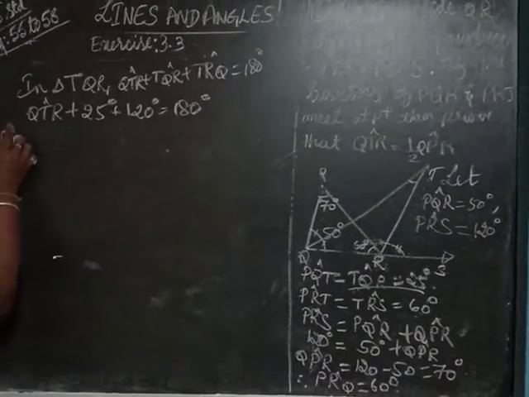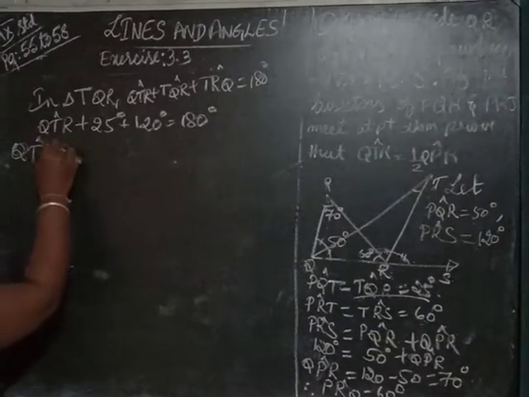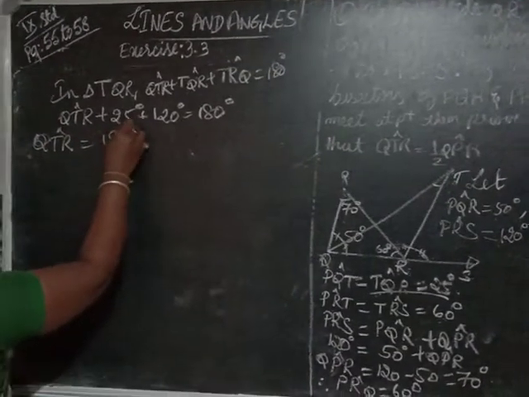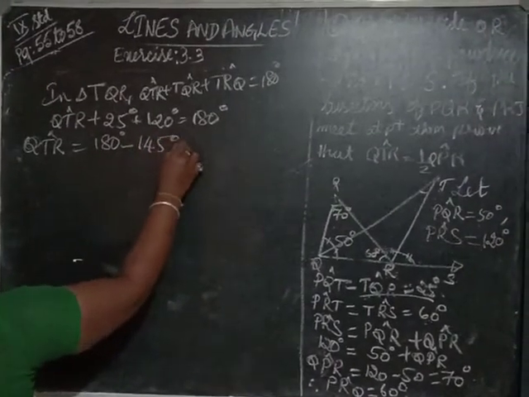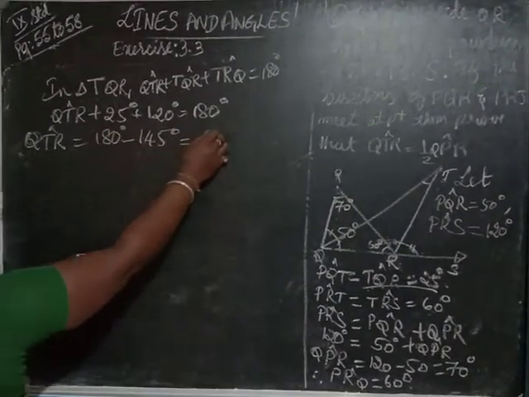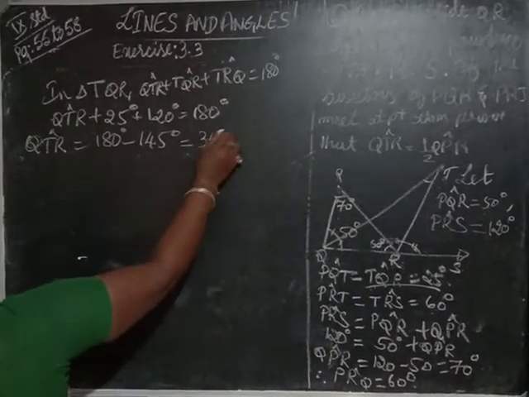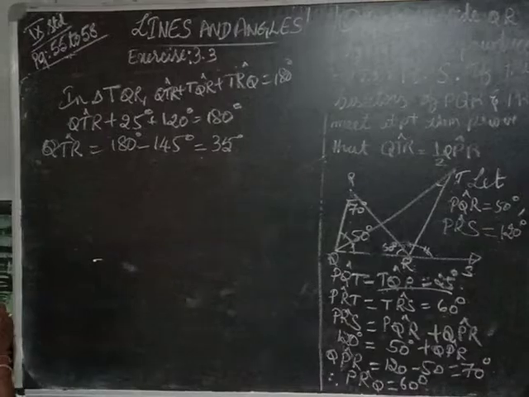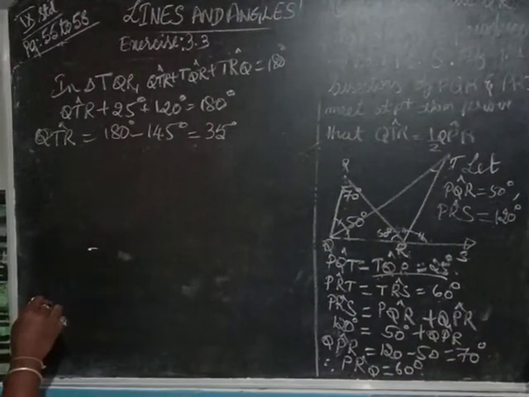Okay, now QTR is equal to 180 minus 145 degree, that is equal to 35 degree. QTR is equal to 35 degree.